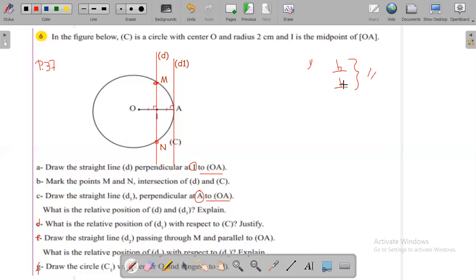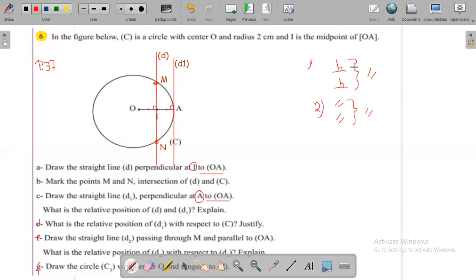If two straight lines are perpendicular to a third straight line, then they are parallel to each other. The second rule is parallel with parallel gives parallel. If two straight lines are parallel to a third one, then they are parallel to each other.